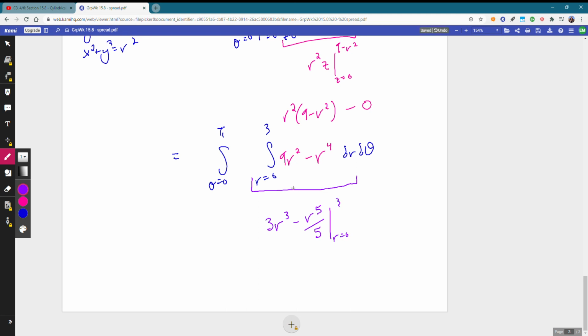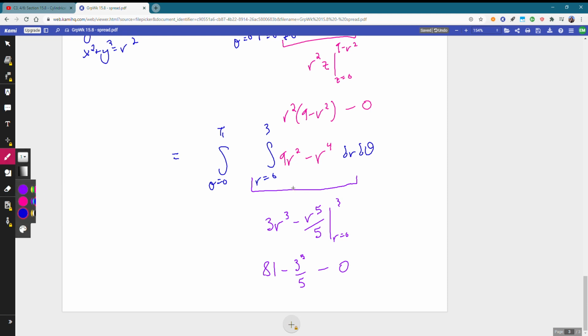So plugging in r equals 3, we're going to get 3 times 3 cubed, that is 81, minus 3 to the 5th over 5. Is it 127? No, it's not at all. We'll just leave it as 3 to the 5th. Okay, and then when we plug in r equals 0, we'll get 0.